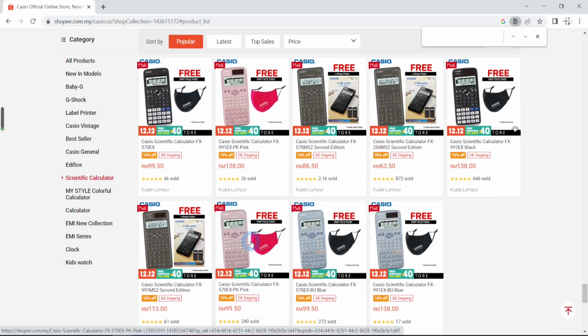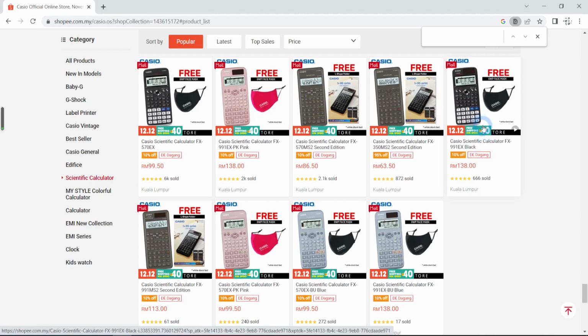You will notice that there is another model of calculator which looks very similar to the FX570EX, which is the FX991EX. These 2 calculators actually have the same functionality. The difference is that the FX991EX is a two-way power calculator, meaning you can use solar energy or battery.